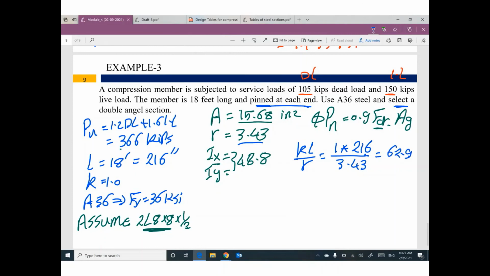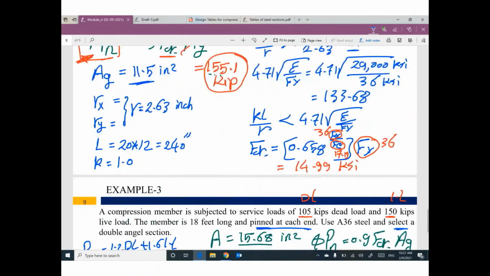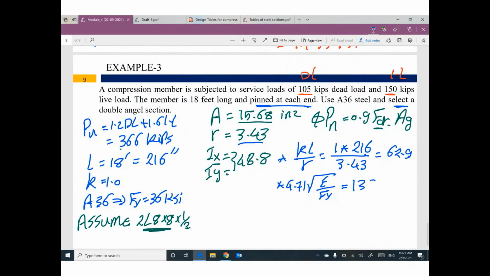Okay, we need to figure out the value of 4.71 square root of E divided by Fy. I believe this value will give you 133. So KL/r is smaller than 4.71 square root of E/Fy.